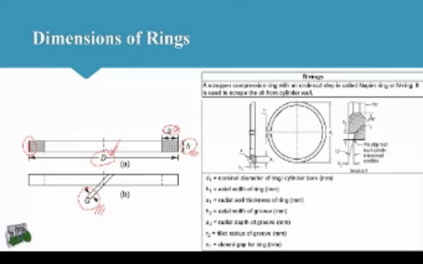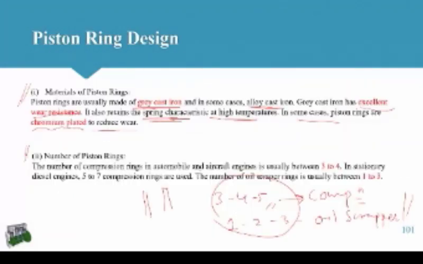That is why, in addition to selecting the number of piston rings for any given application, the designer intends to select more thin rings rather than a few thick rings. You understood? The designer selects more thin rings rather than a few thick rings. Okay, that is basically the idea. This is the thumb rule.